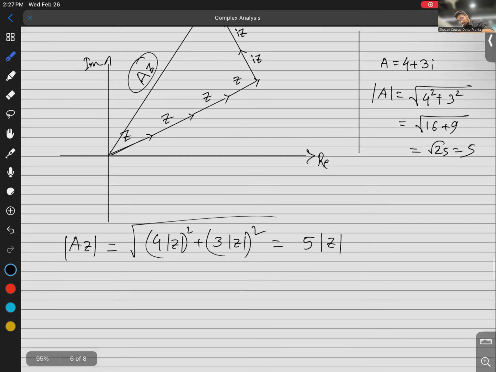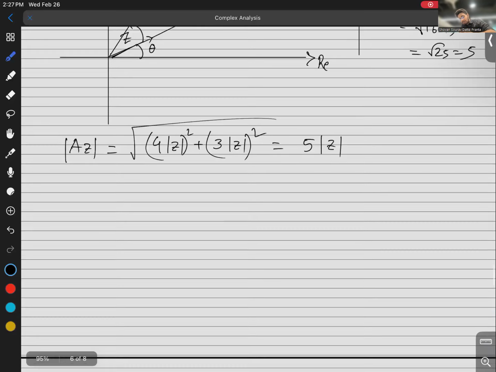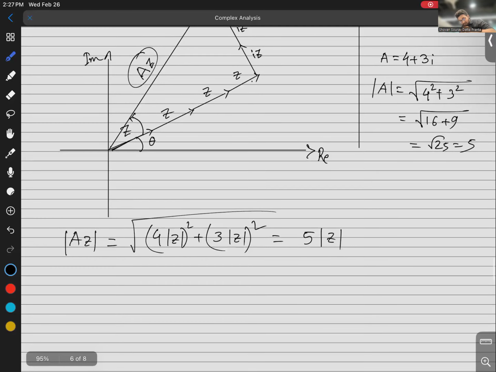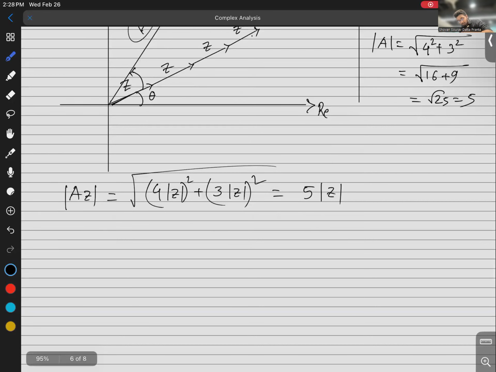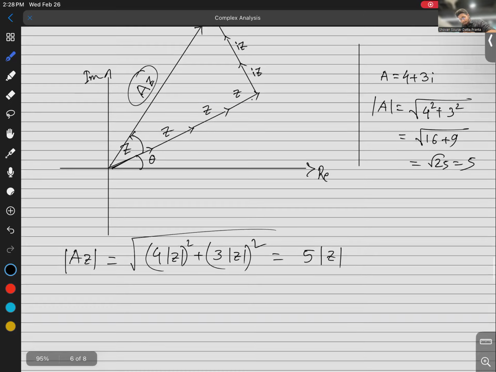z has an initial angle, and this angle is theta, and it is moved to another angle. We are going to find out what this angle is.